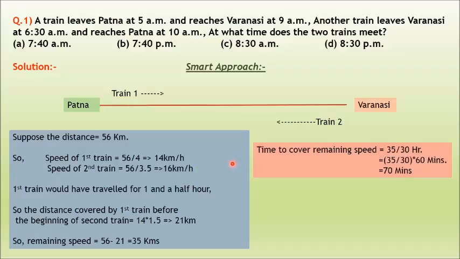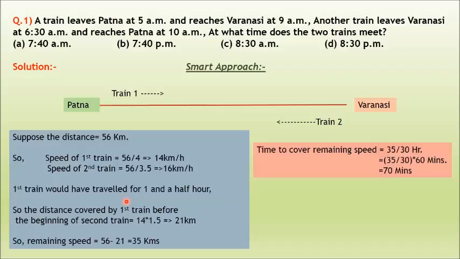As the question says, the first train would have run for 1.5 hours before the second train starts proceeding. As the first train runs at 5 am and the second train runs at 6:30 am, the difference between these times is 1.5 hours.